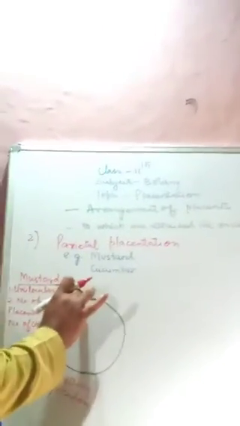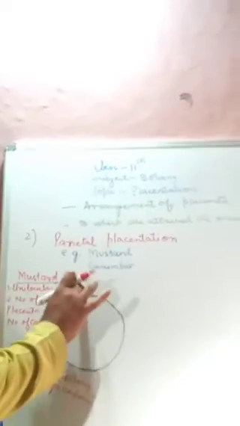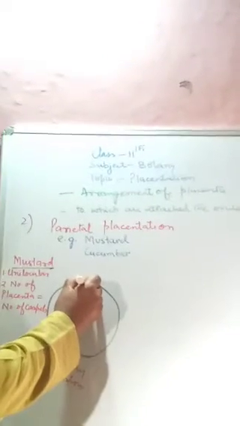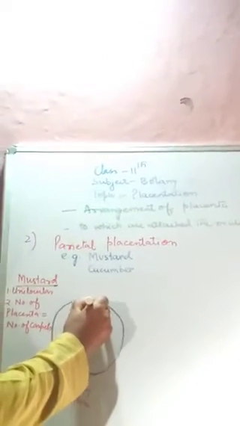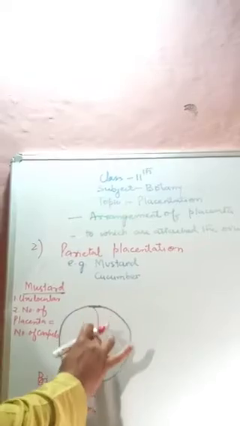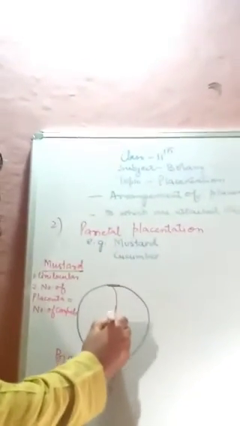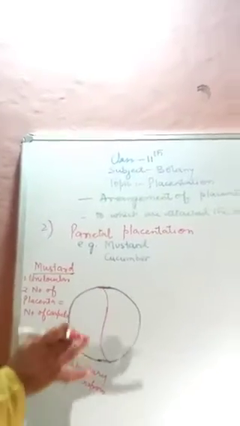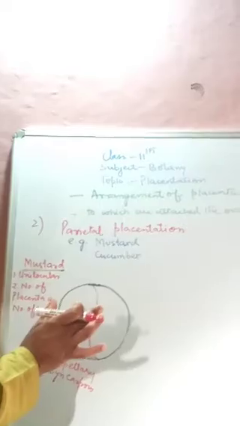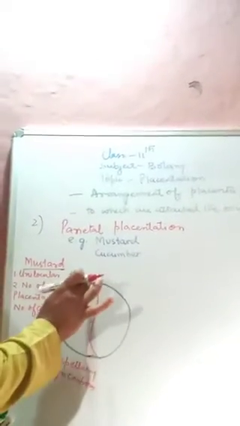Now, since the two placenta are there, between these two placenta we will see a false septum is formed. It looks like a bilocular, but it is not bilocular, it is unilocular.